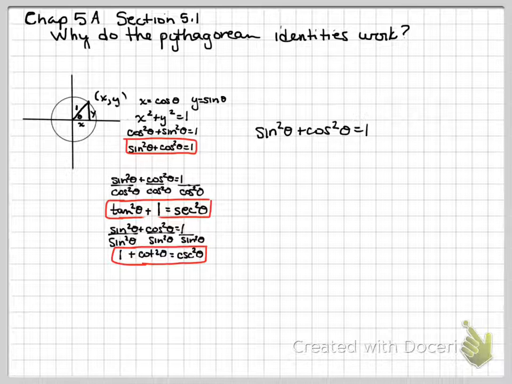So if I get sine squared theta by itself, by moving that cosine squared theta to the other side, I get sine squared theta equals 1 minus cosine squared theta. So if I ever see in the work that I'm going to be doing 1 minus cosine squared theta, I can put a sine squared there in its place. So this is another one that you just want to watch for.